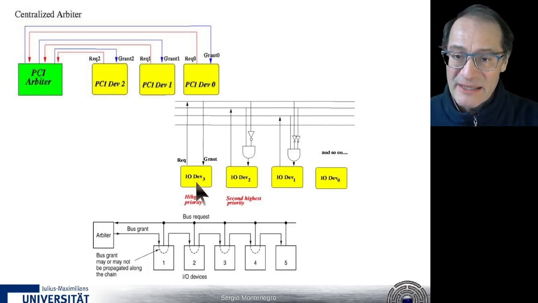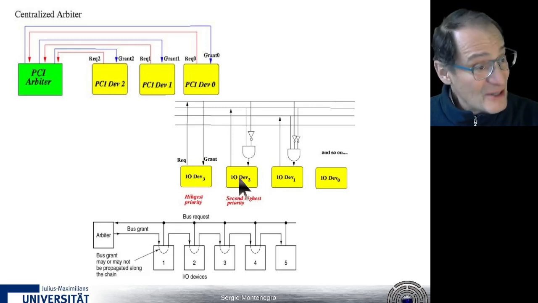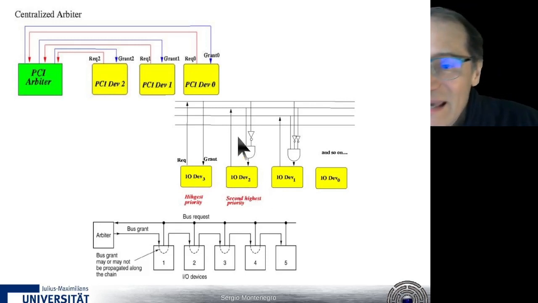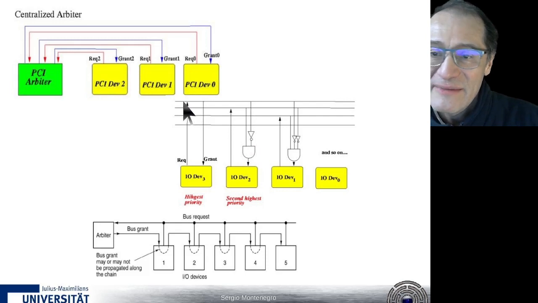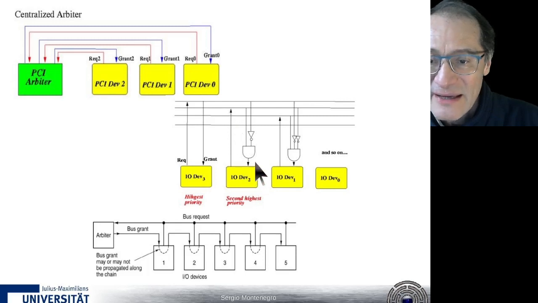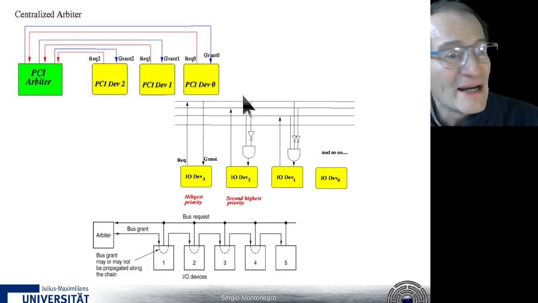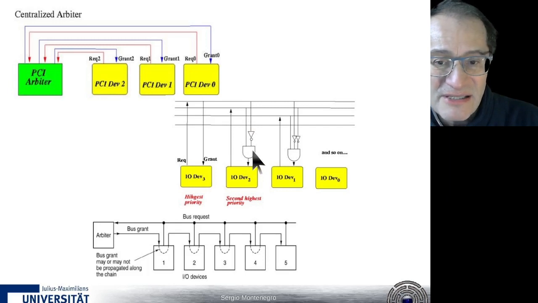He can transmit. Now let's assume he wants to communicate too, then he makes this request, and whether he gets access depends on if someone else with higher priority is working and if he is making the request. So to get this grant, this request has to be set and this shall not be set. So no one else with higher priority is using the bus.